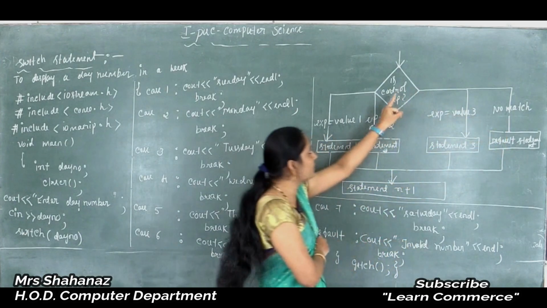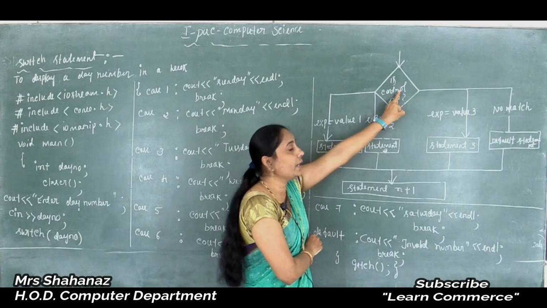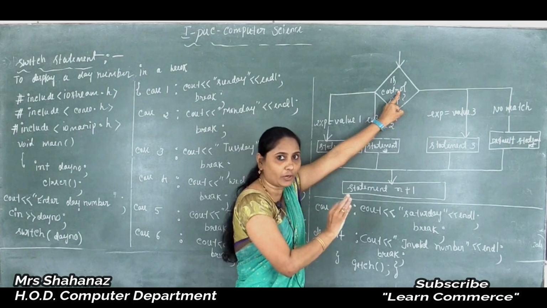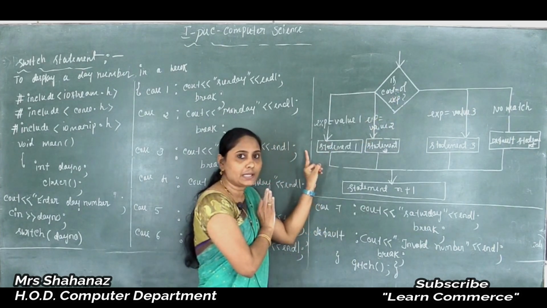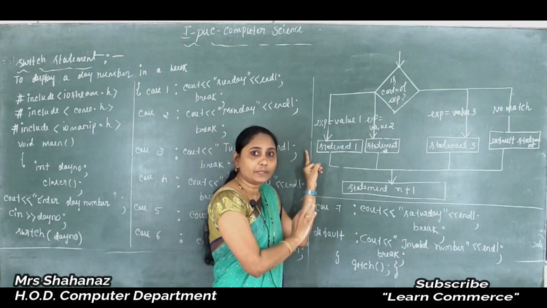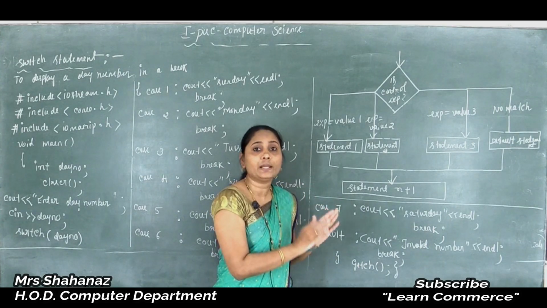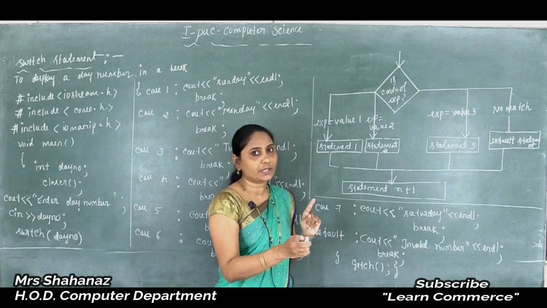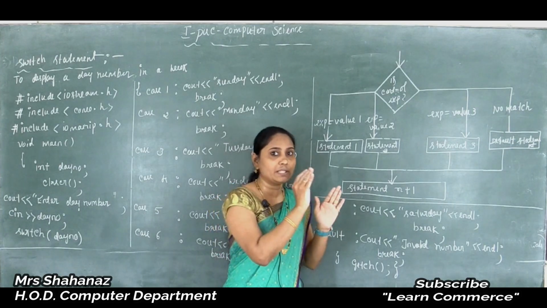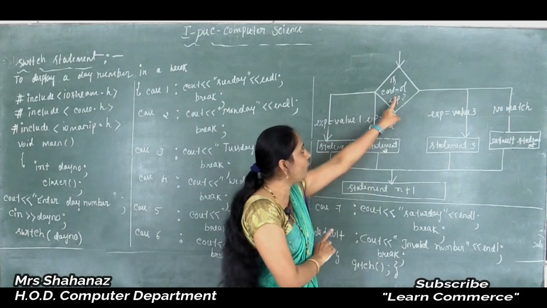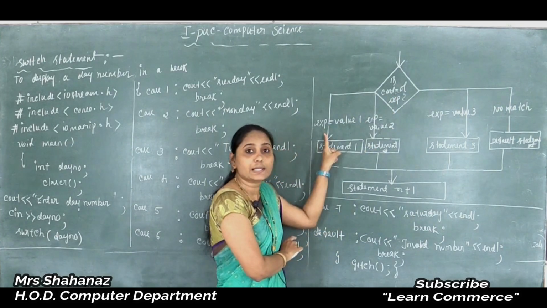First of all, before matching the control expression value with the case label value, we should know whether the control expression value is an integer or a character here. After knowing that, only then can we match the control expression value with the case label value.